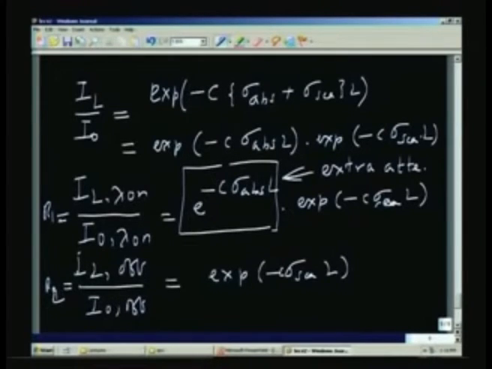If we take the ratio of these two, this common factor will go off and you see that R1 by R2 will be e to the power of minus C sigma L. I will just imagine the subscript is already there.